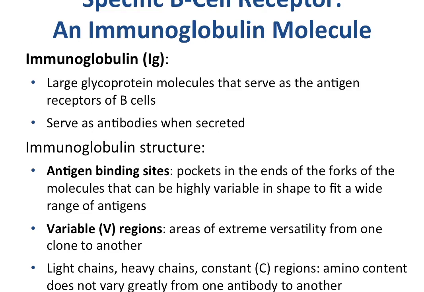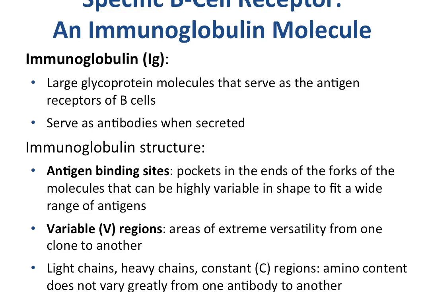The antigen binding site is like a fork-shaped protein, and it has huge diversity in shape. That allows the immunoglobulin to bind all kinds of antigens.